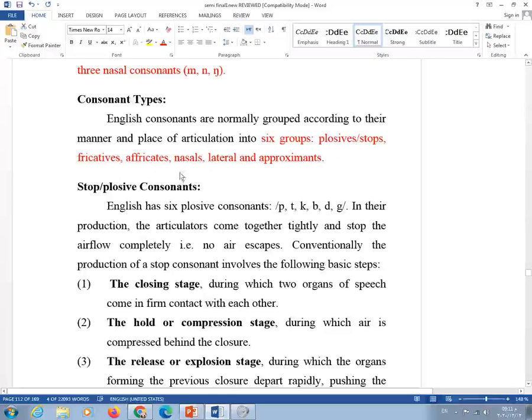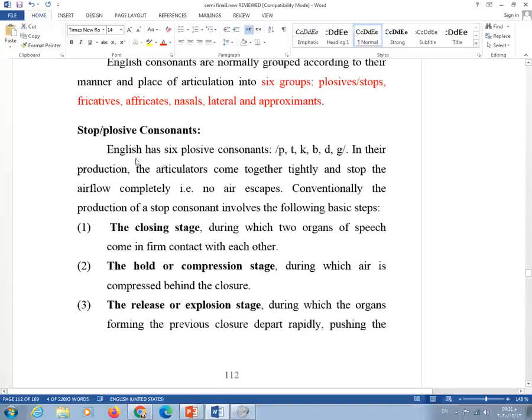Okay, let's start with stop and plosive consonants. I don't want you to go into so much detail, but just look at the terminology, المصطلح نفسه, and you can infer, ممكن أنت تستنتج, the meaning or the definition of the term itself. For example, stop or plosive consonants.